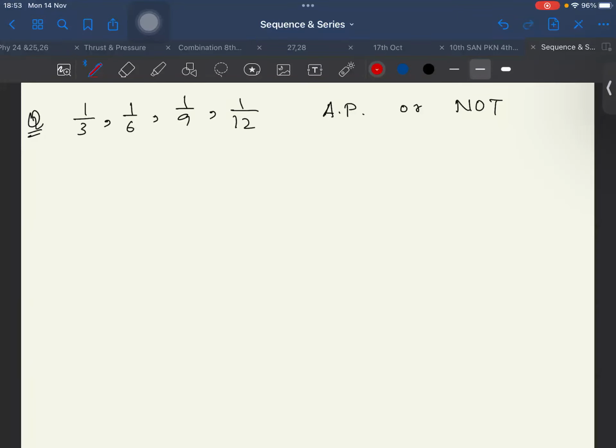AP means arithmetic progression, or AS also you can say. Usually we use the term AP. Hari, is this AP or not? Sir, yes, sir, this is AP. The difference is 1 by 2. Are you sure? Yes, sir. Okay. Anyone else?